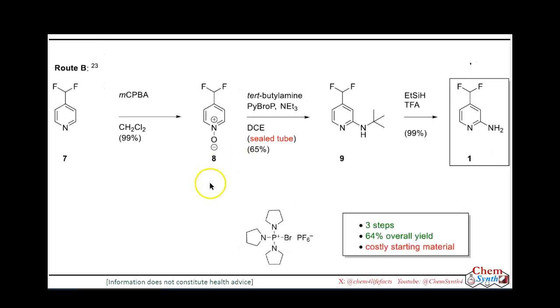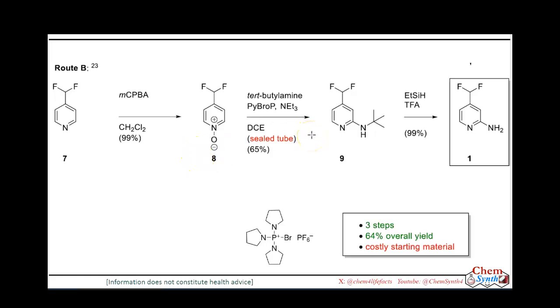Now route B, which starts with this 4-difluoromethylpyridine as the starting material, which was converted into the pyridine N-oxide using meta-chloroperbenzoic acid in DCM solvent. You can see the yield is 99%.